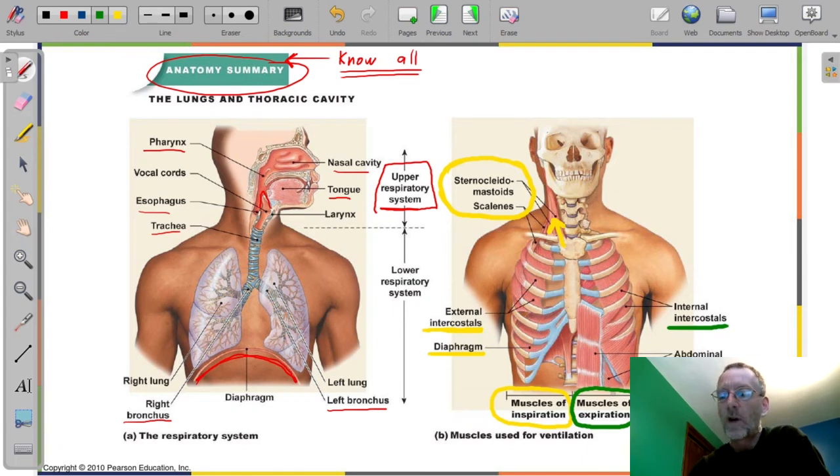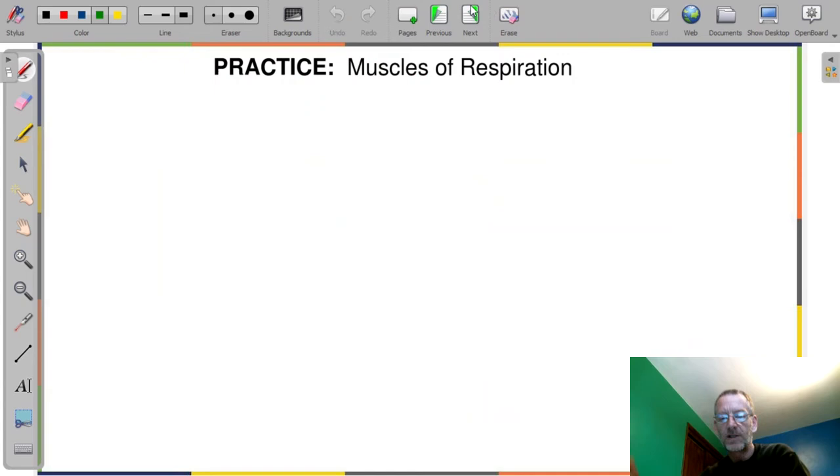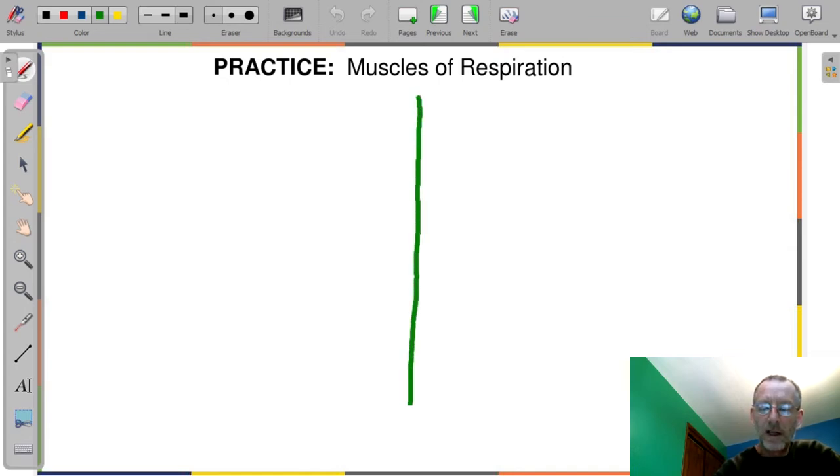We're just about done. I've broken this module up into several smaller pieces. But let's do the last slide here, which is a chance for you to review the muscles of respiration. So I'll get this set up, and then I'm going to encourage you to pause the video and fill these in. So let's do expiration, and inspiration.